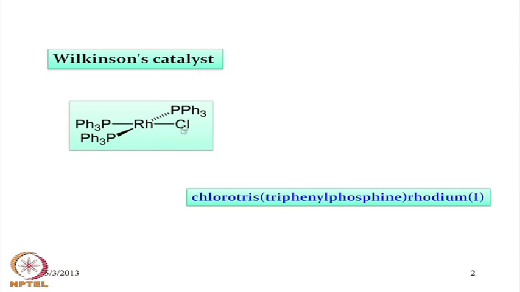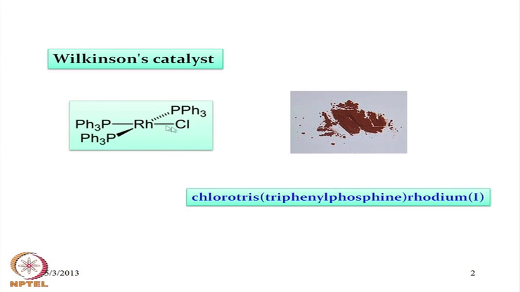The Cl will have 1 trans PPh3 molecule and 2 cis PPh3 molecules. The positioning of these groups is important for the different catalytic reactions we can have, and some important reactions based on this are well known. It is a dark red powder compound, which we can make from rhodium chloride and triphenyl phosphine as the ligand.